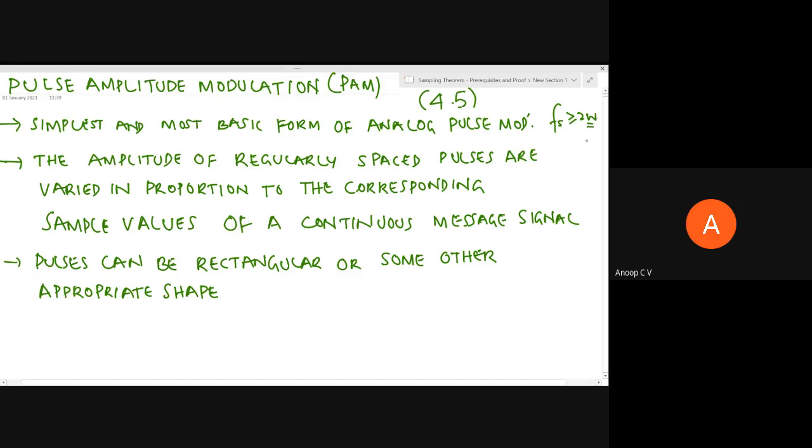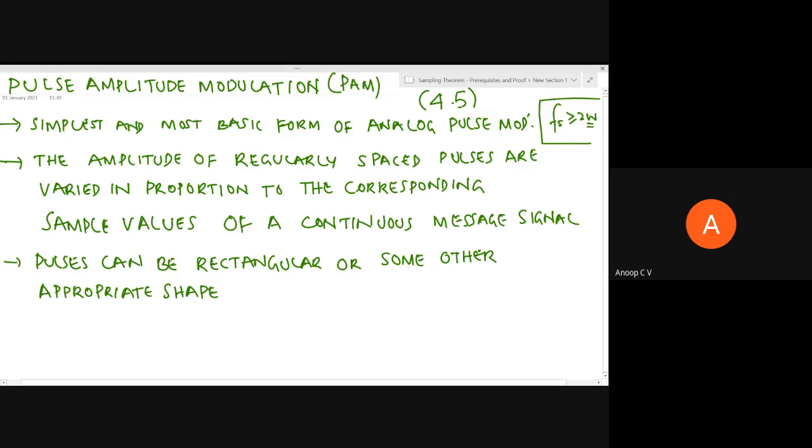If there is any frequency content above W hertz, which mostly will be insignificant, it will be removed, so that when we are sampling, aliasing won't be there. Also, to make sure there is no aliasing and reliable reconstruction is possible, the sampling rate is kept slightly greater than the Nyquist rate. Those are the two practical considerations while we are performing sampling.